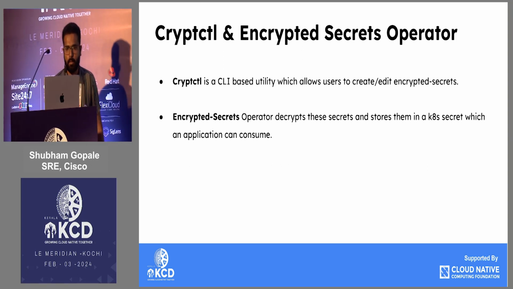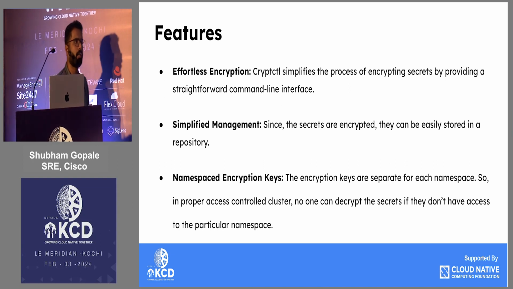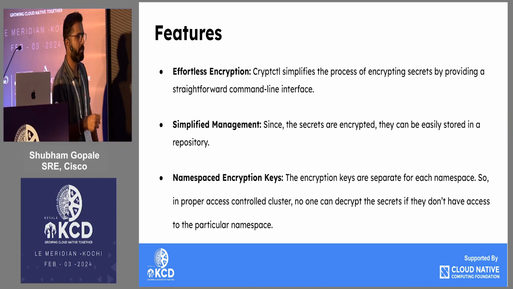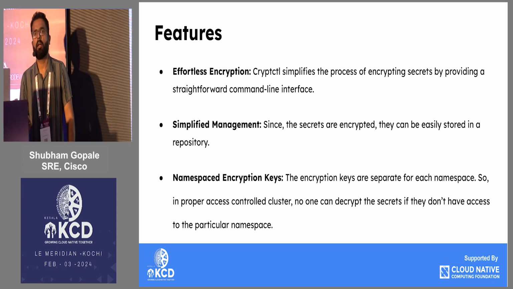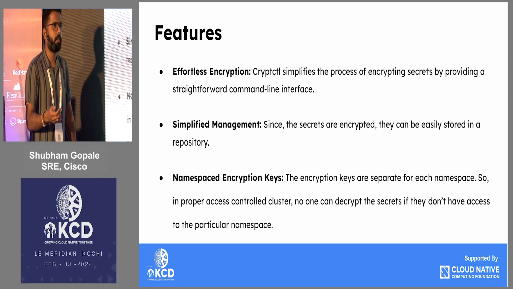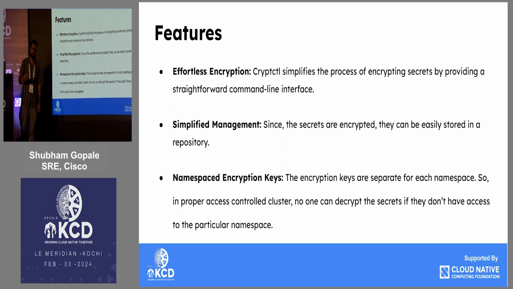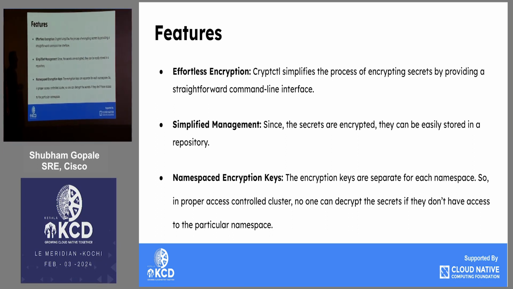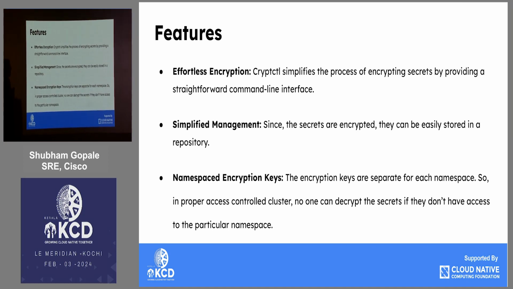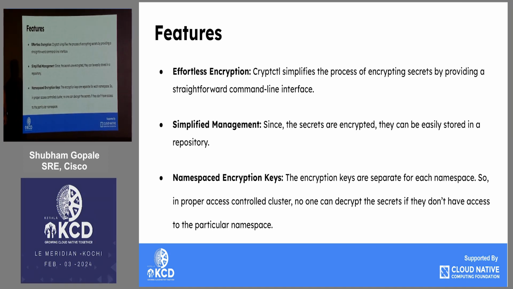So yeah, now features. OpenSecrecy has effortless encryption: by default you have your standard encryption key stored in your Kubernetes cluster, so that you can have RBAC on top of it and get the job done.